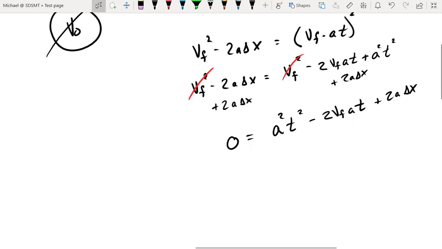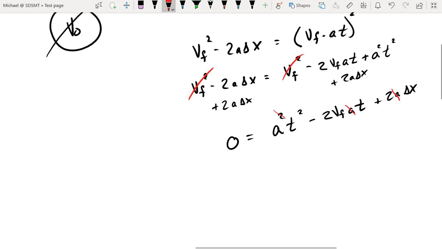And the reason I wanted to do this, it almost looks like we might have some kind of a quadratic expression, which in terms of time we do. However, each term in this expression has the acceleration present. And so we can go through and we can factor out the acceleration from each of those terms.